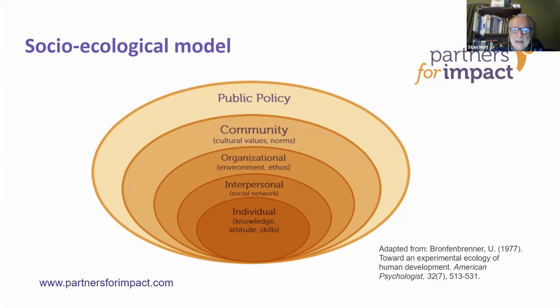You have the individual knowledge, attitude, and skills in the center, and all these layers need to change so the individual in the middle can change. You need the social network to change, the environment to change, the cultural context and the community to change, and you need public policy.